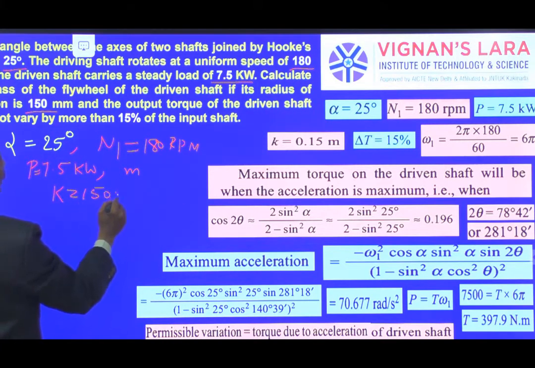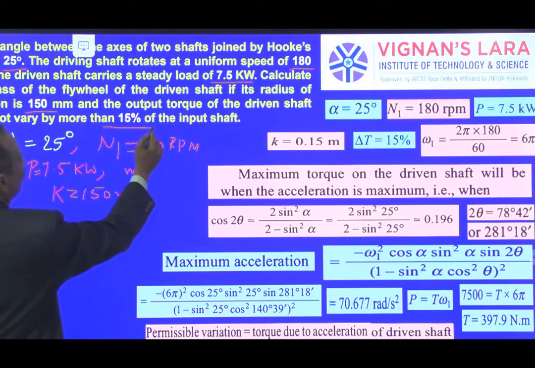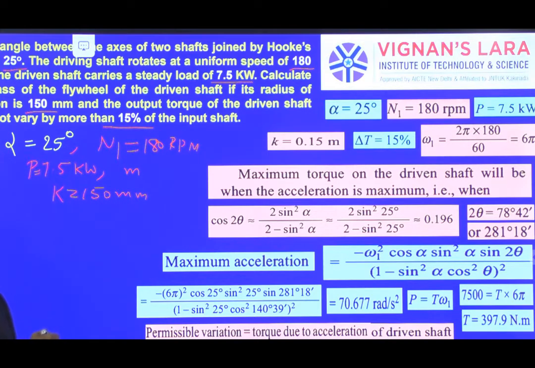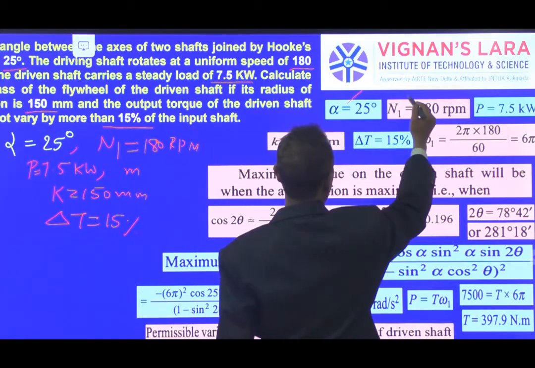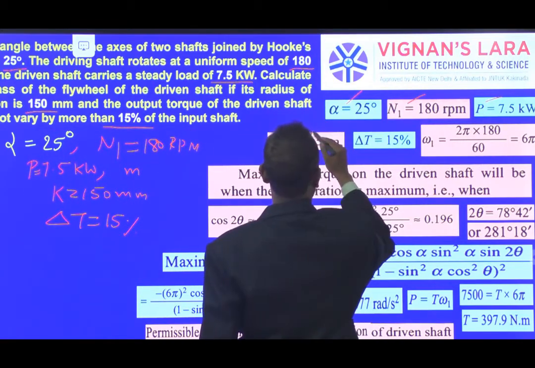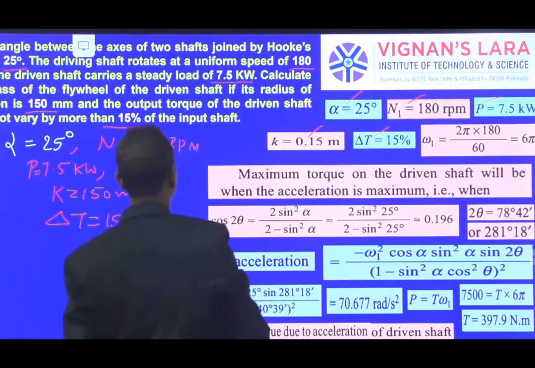150 mm. And the output torque of the driven shaft does not vary by more than 15% of the input shaft. Okay, so that is the delta T, torque variation is 15%. That is the data given. Of course, I have everything marked here, whatever I have stated.